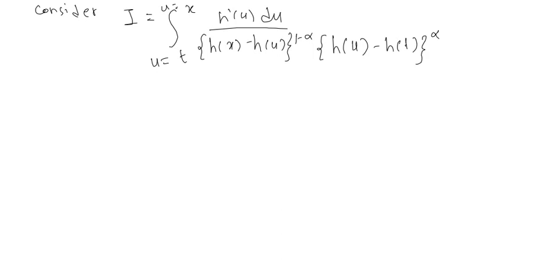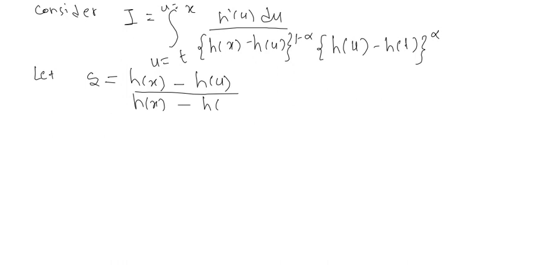Okay, so substitute. So let s be equal to h of x minus h of u divided by h of x minus h of t. Okay, so we want to do this substitution in this integral.